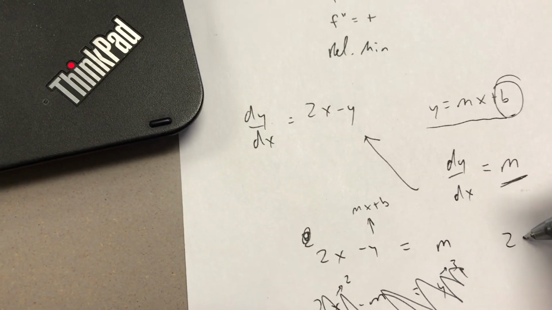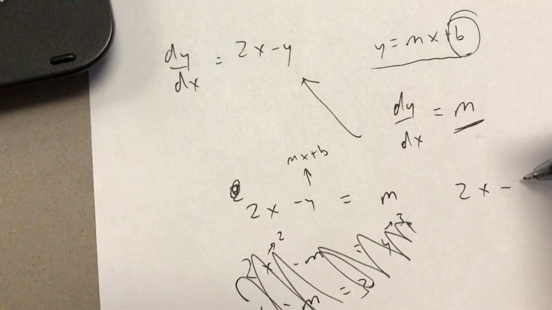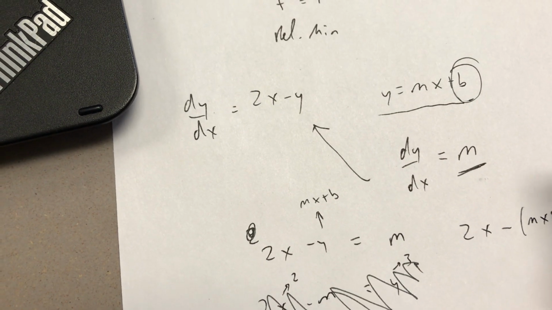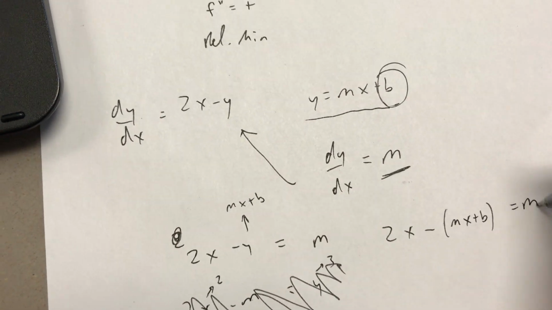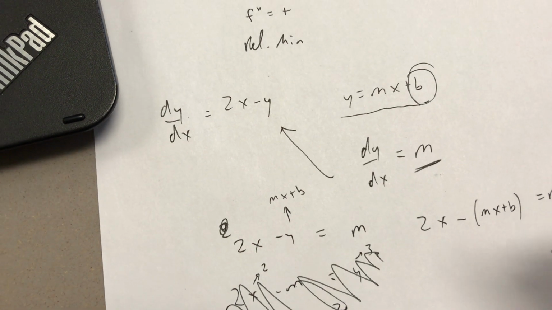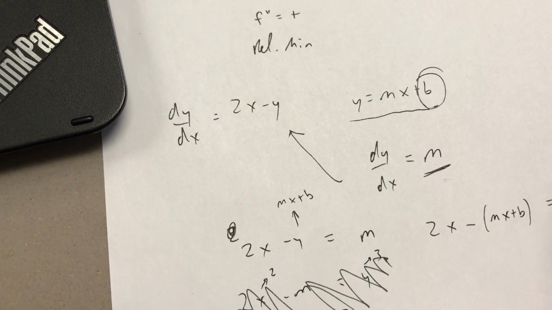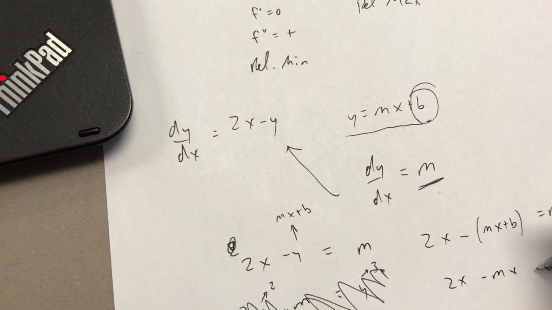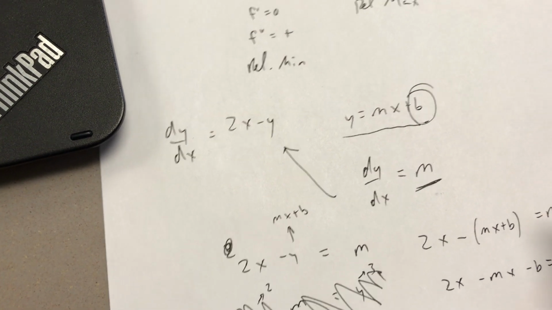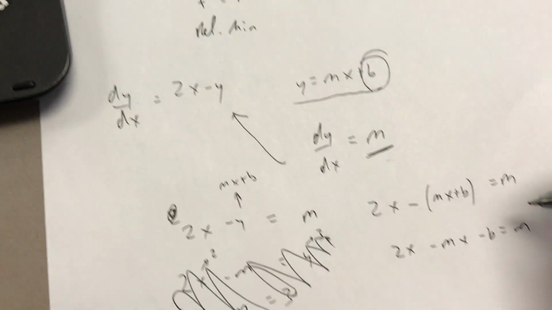That's going to be 2x minus, in place of y, mx plus b, and that's got to work out to equal m. So we can solve this equation. We've got 2x minus mx minus b is equal to m.